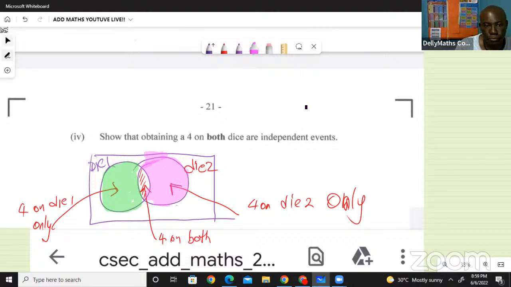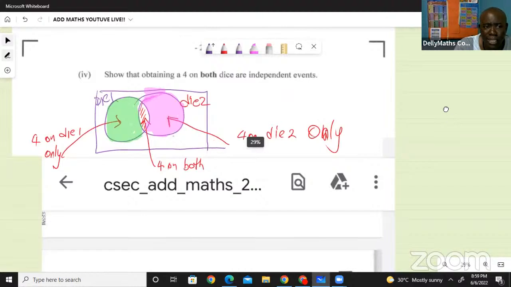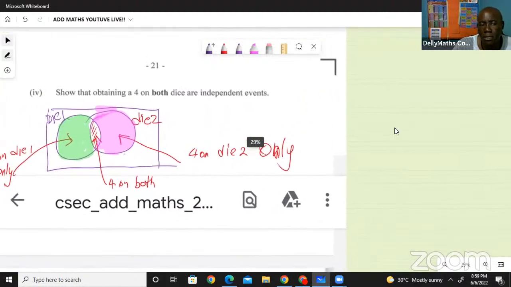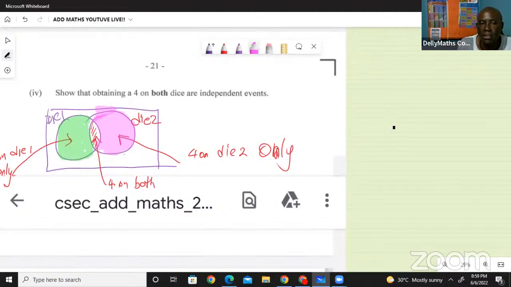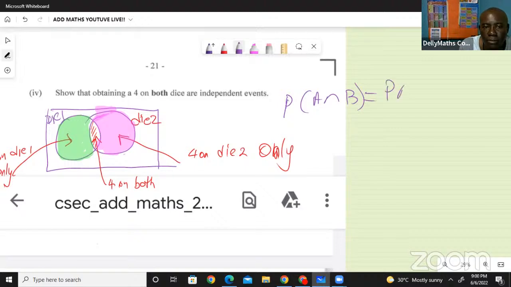That's one. But there's another formula that you can use to show independence. Let us say we have A versus B. The probability of A intersect B is going to equal the probability of A times the probability of B when they are independent.